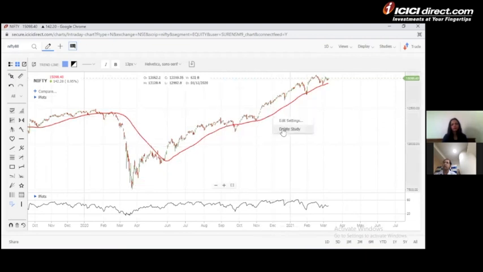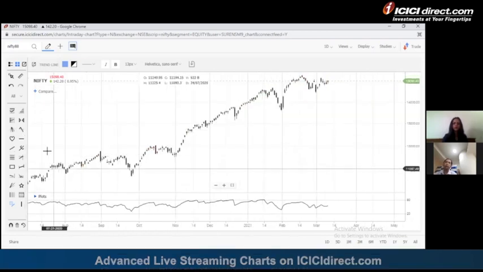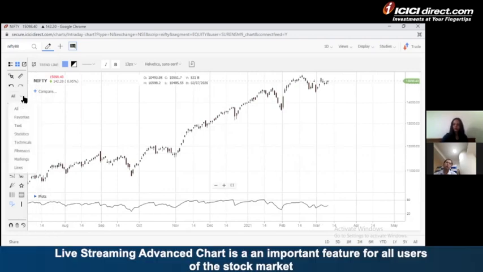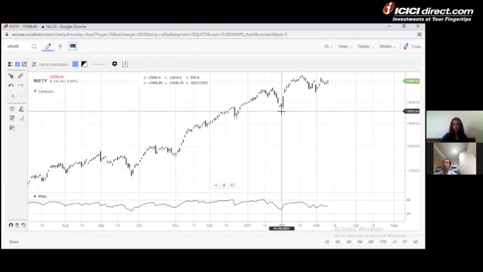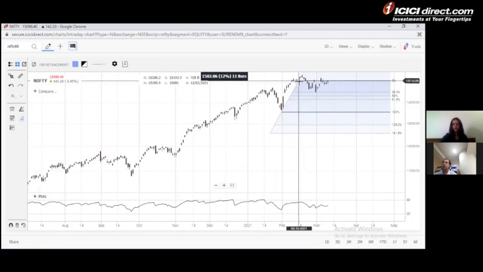As I said, retracement works best on both sides of the market. Suppose the market has seen a good run up. The common retracement levels which we use in our day-to-day activity are 38, 50, 61, and 80%. Suppose I want to see the move which happens from 13,000 to 15,000, I want to see the retracement of this.